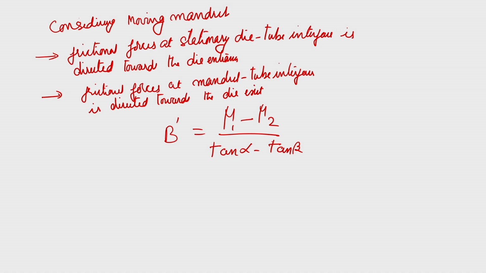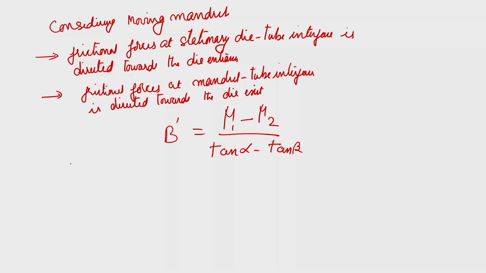Okay. So, that is one advantage, and it is very helpful, because you need less power for drawing with the mandrel. If it is properly designed, you need less power, because the forward frictional drag at the mandrel tube interface cancels the backward frictional drag between the die and the tube.